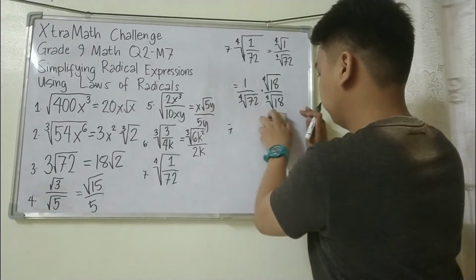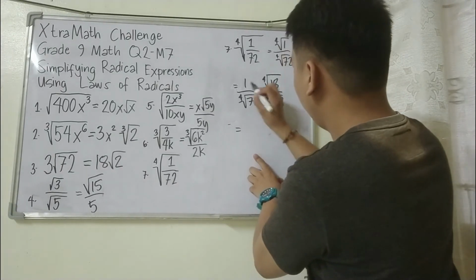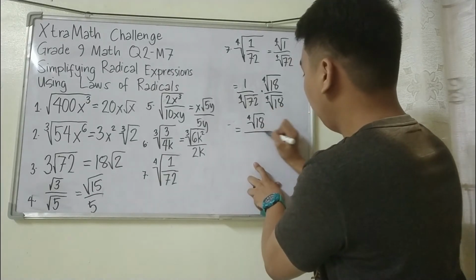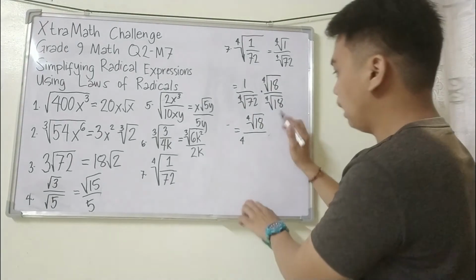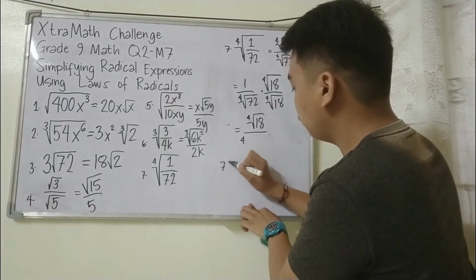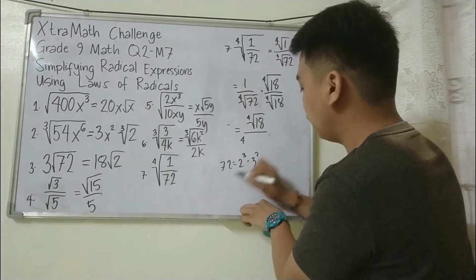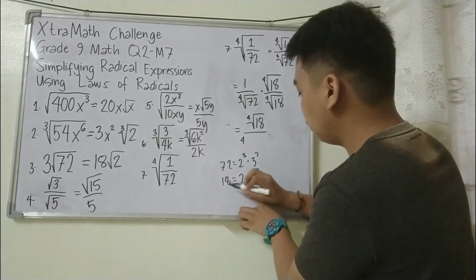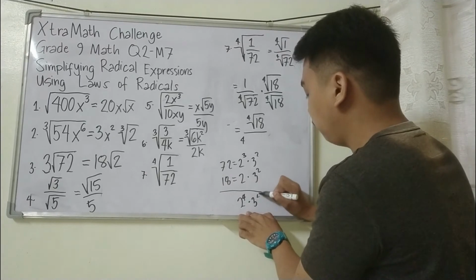So, we have 1 times fourth root of 18 all over fourth root of 72 times 18. Again, since 72 is equal to 2 cubed times 3 squared and 18 is equal to 2 times 3 squared, that means their product is equal to 2 raised to 4 times 3 raised to 4.